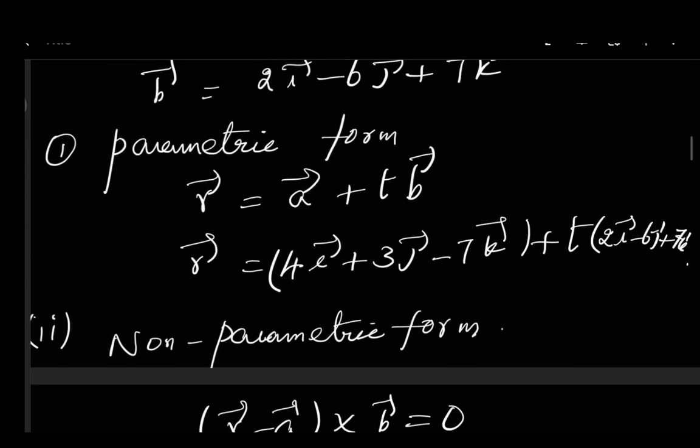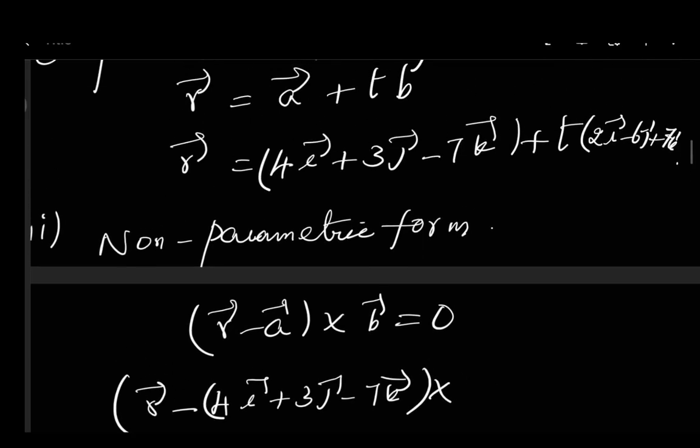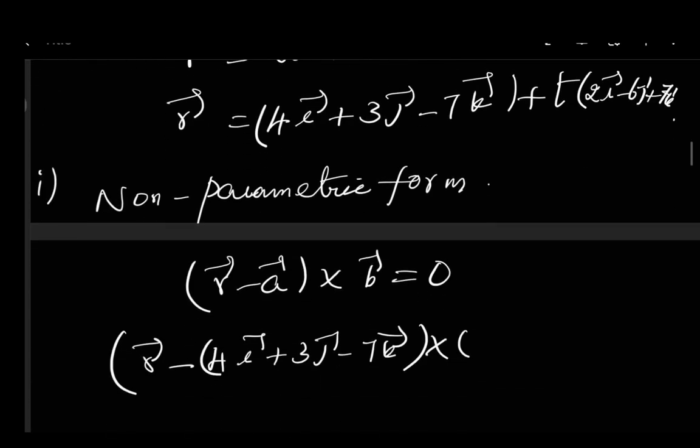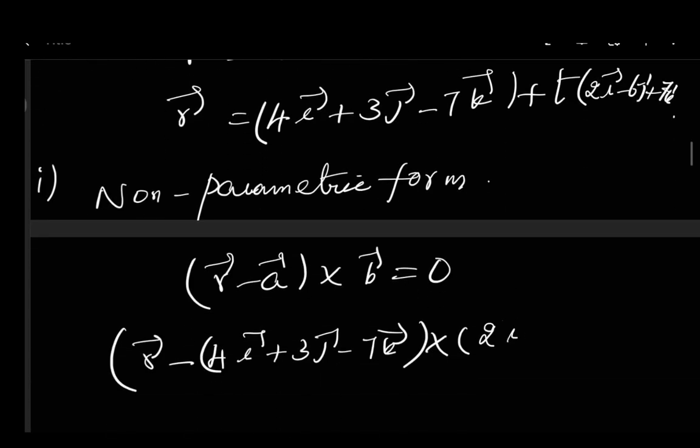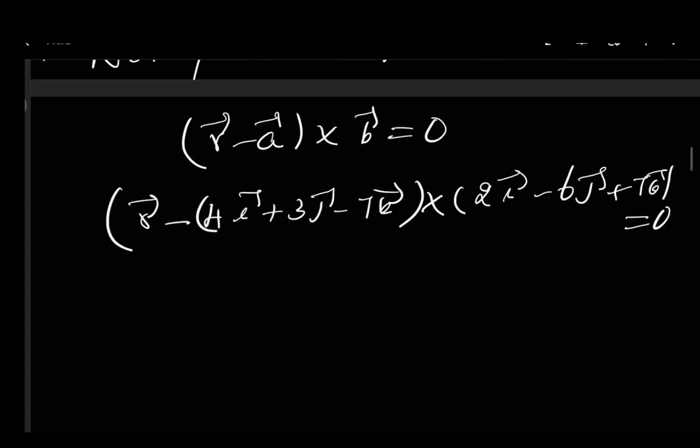R minus a vector is here 4i plus 3j minus 7k, cross vector b, which is 2i minus 6j plus 7k. That's all. Is equal to 0. This is the answer.